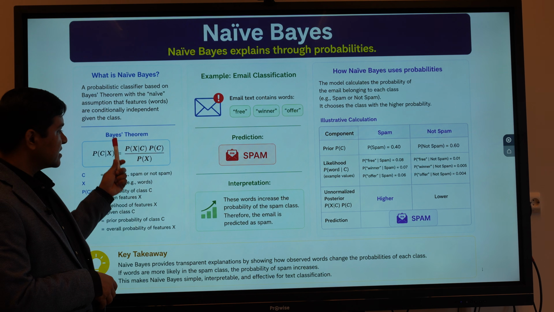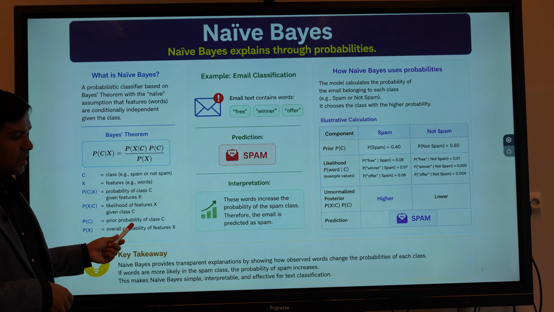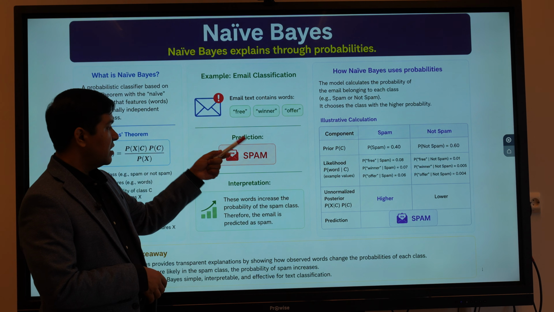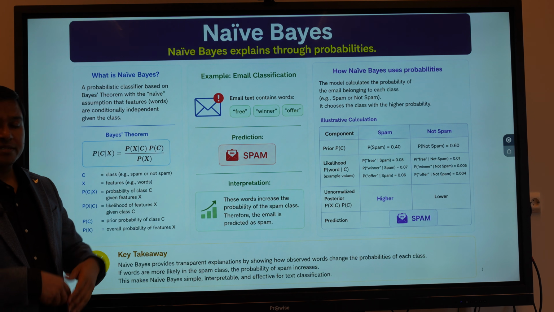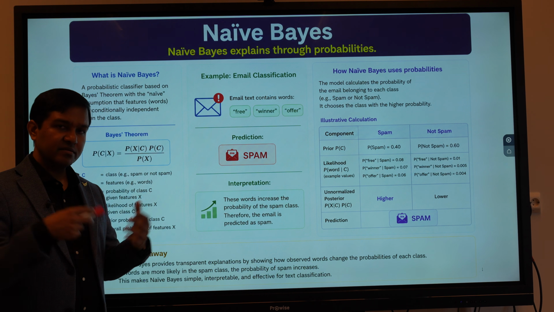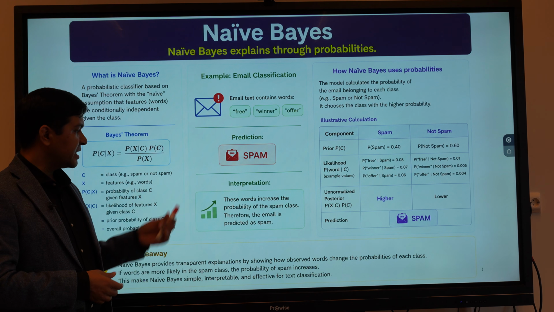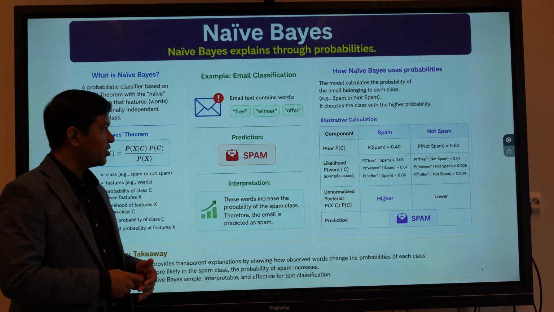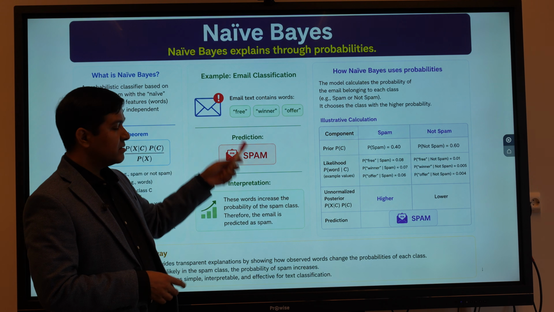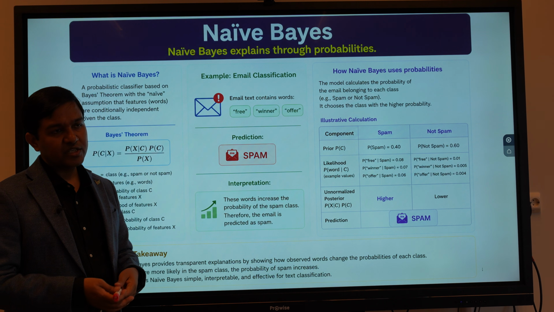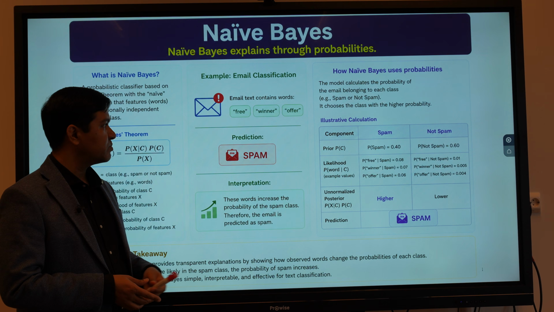This kind of Naïve Bayes approach can be applied for detecting spam. It has been applied in many applications, many domains, but here the example is on detecting spam or not spam. So an email came and one has to identify whether it is spam or not spam.